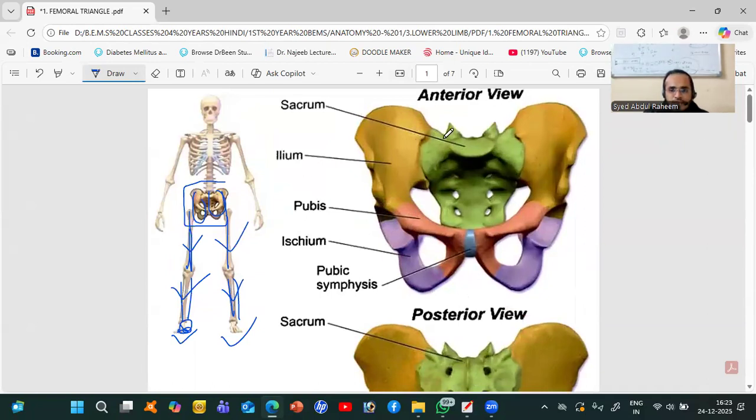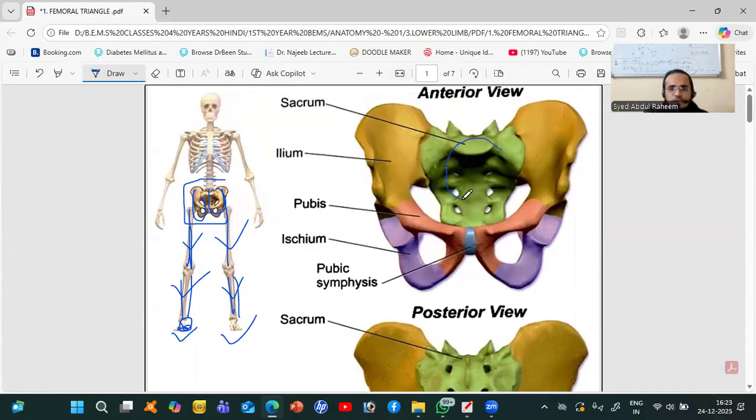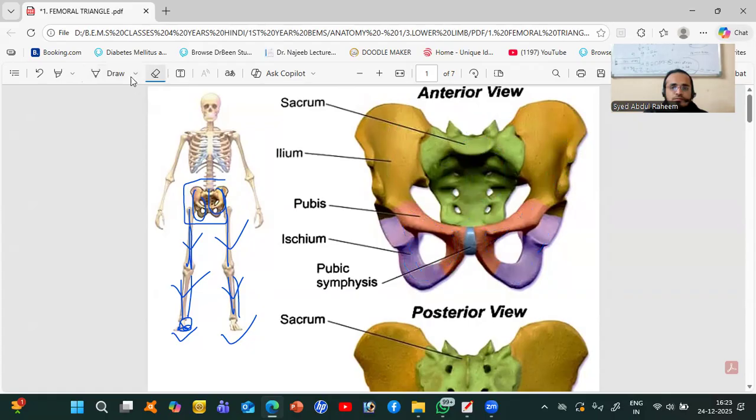This is the anterior view of the pelvic region. This whole thing is the sacral bone, where we get all the sacral fused bones. This is the ilium, the pubic, this is the pubic here till here, and this is the ischium.